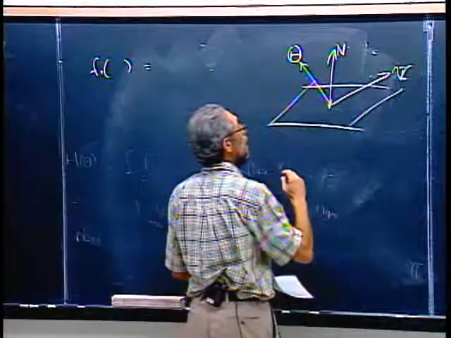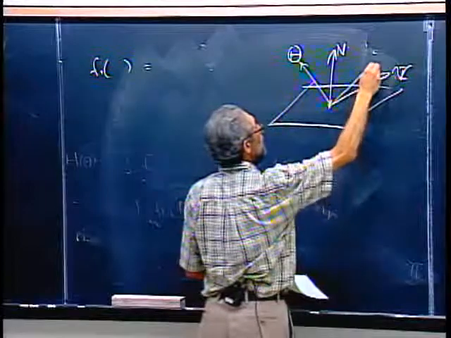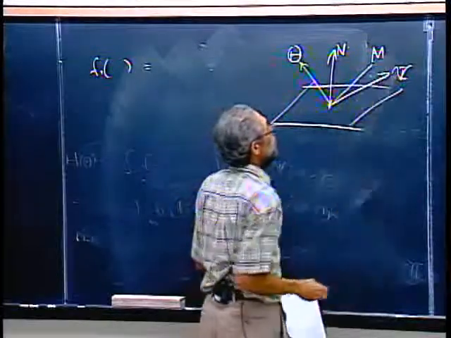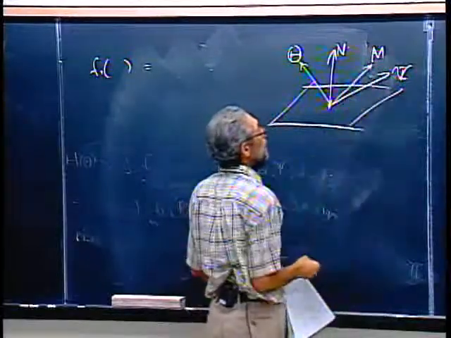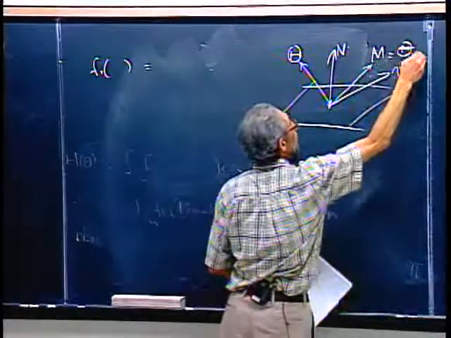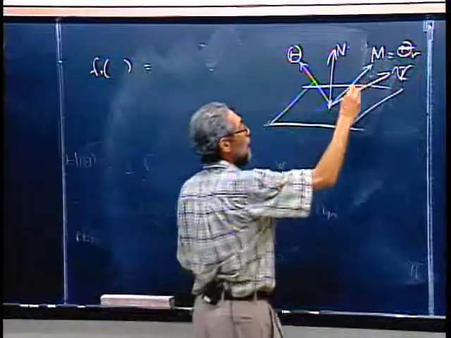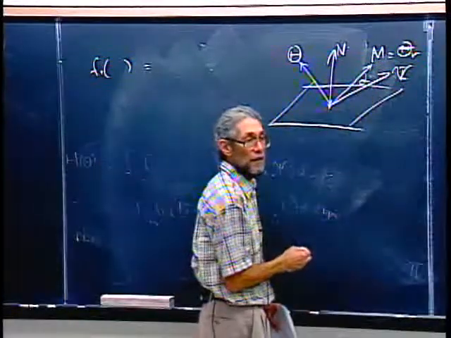And here is the perfect mirror direction m, which depends on theta and n, and in the book they call it theta r, for the reflected version of theta. And it's this angle alpha that we're interested in, right?